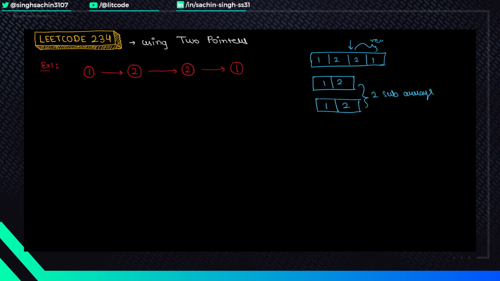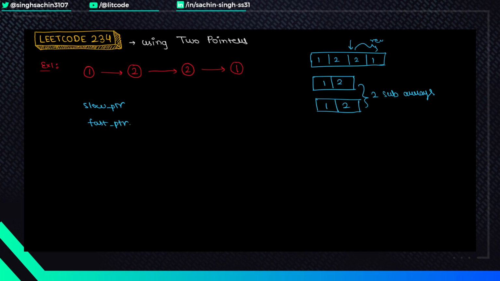Okay, so this is what I want to do, and we'll be using two pointers to use this approach. I'll use one slow pointer, and the other one will be the fast pointer.